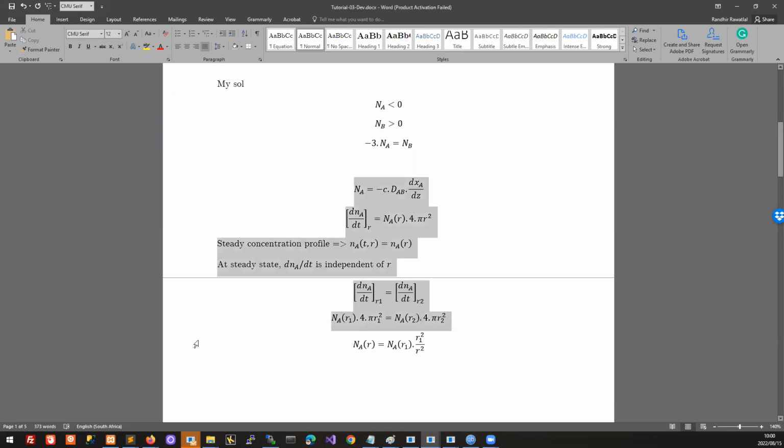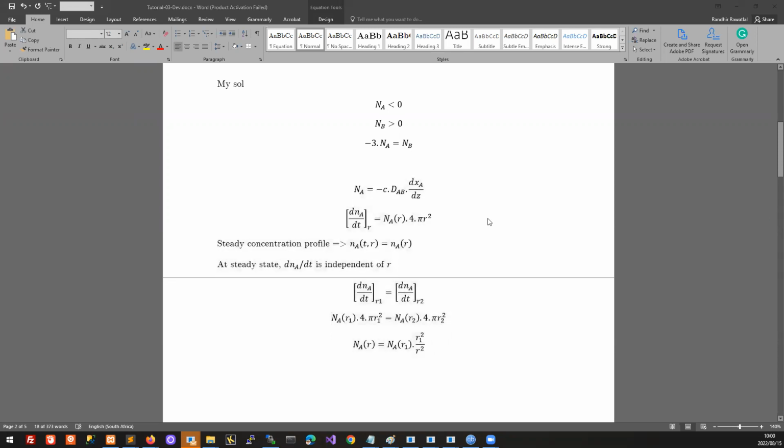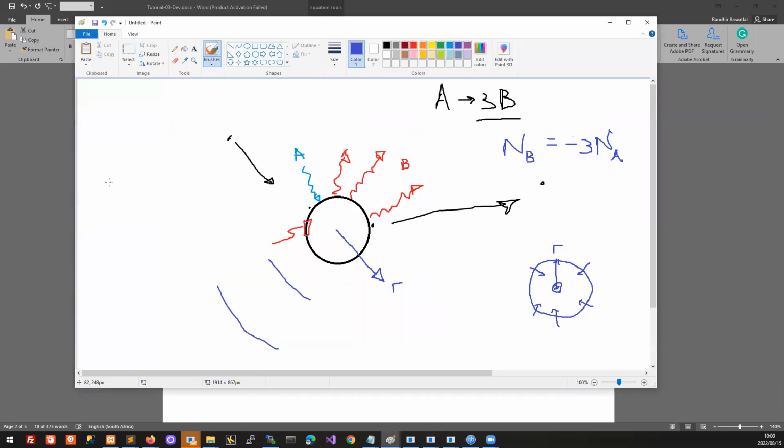So the reason we are saying all this is when we did the example in rectangular coordinates, right, we did have problems where we had a straight pipeline and we had our species diffusing, and sometimes it was equimolar counter diffusion and sometimes not. So we did say that we want to assume, number one, that the concentration profile was steady.